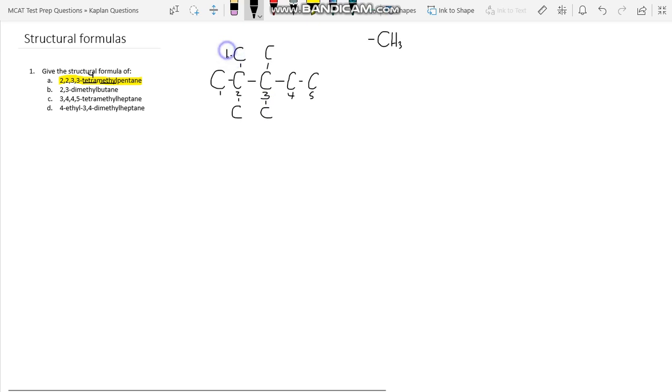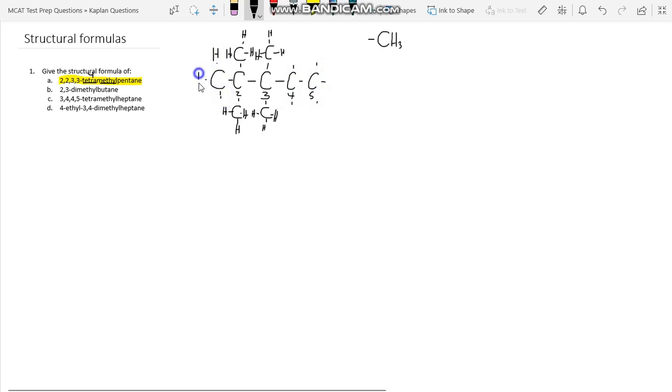Then I'll add my hydrogens. And now to finish it, all I have to do is add hydrogens to all of the unbonded carbons here.